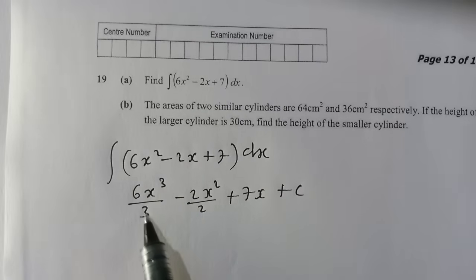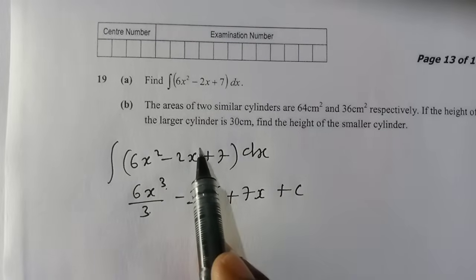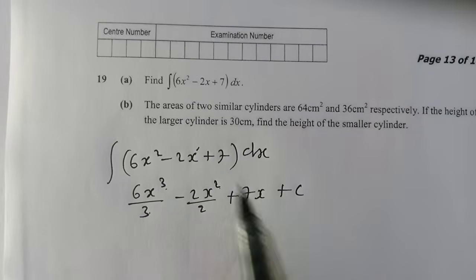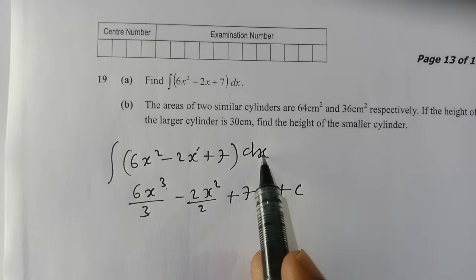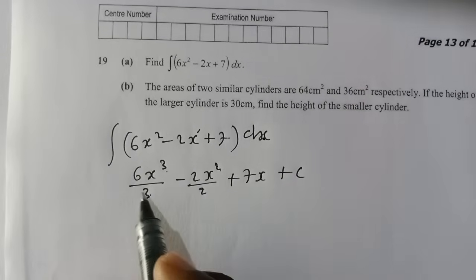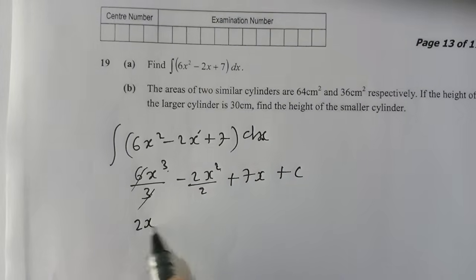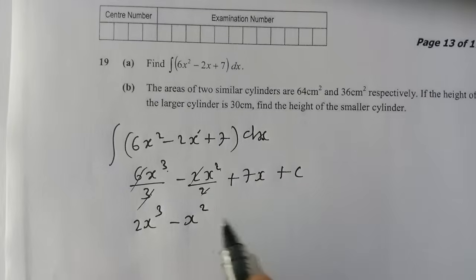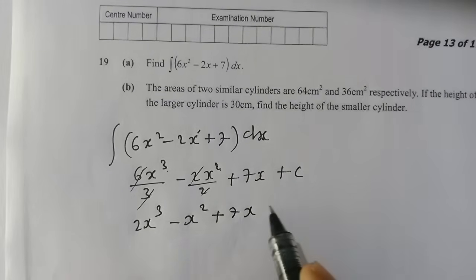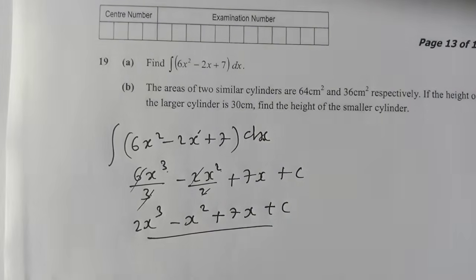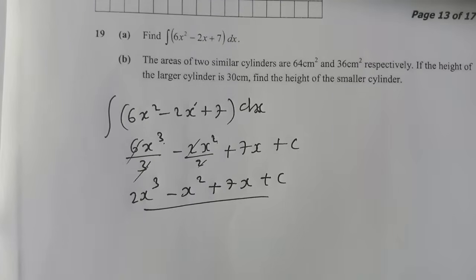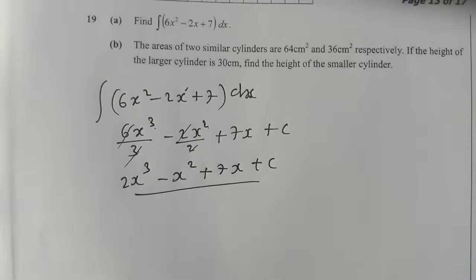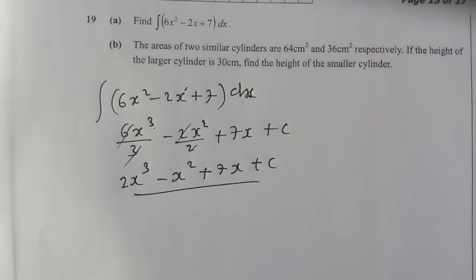You come and divide by the new power. Here there is power 1, 1 plus 1 is 2. You come and divide it. Where there is a constant, you just put the letter you're able to see, so it's x. So we have this, this and this will cancel. We just remain with this. This is our answer.